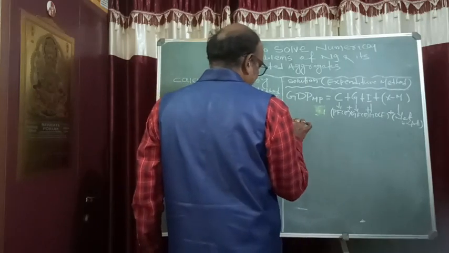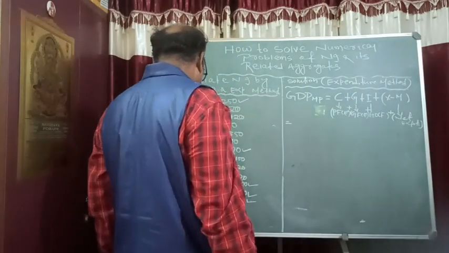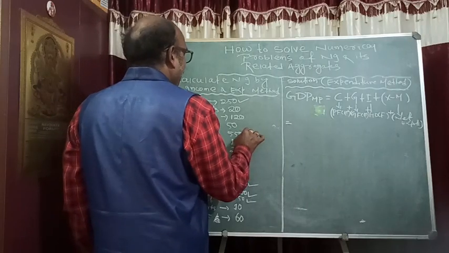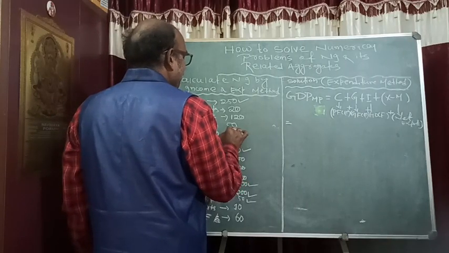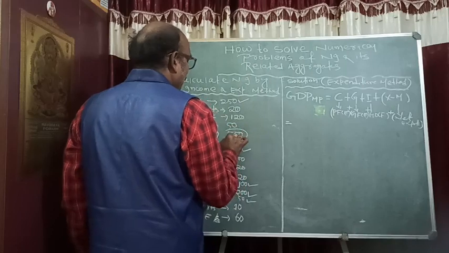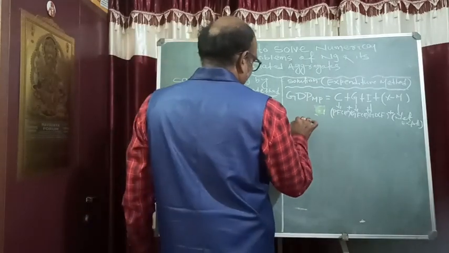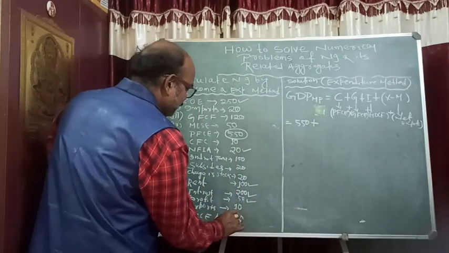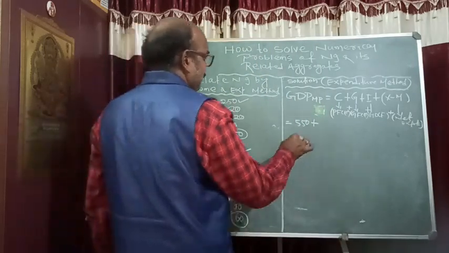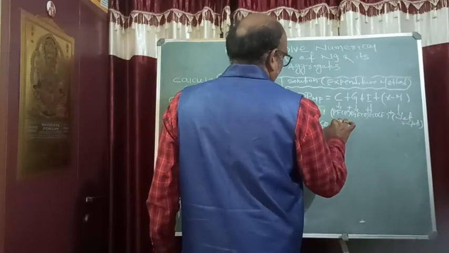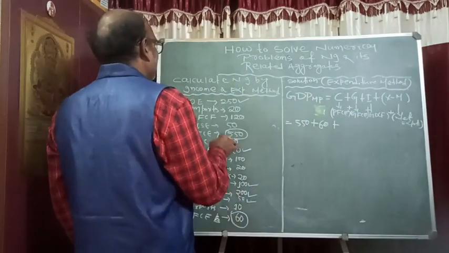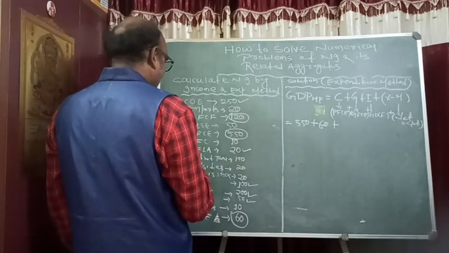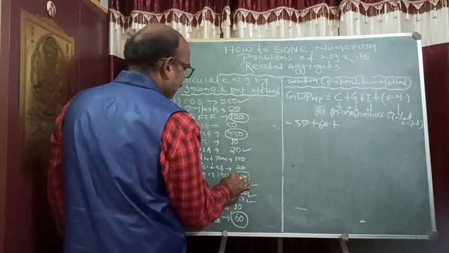Now let us see private final consumption expenditure. Private final consumption expenditure is 550. Okay. Government final consumption expenditure is 60. Gross domestic capital formation: here gross domestic fixed capital formation is given and change in stock is given.